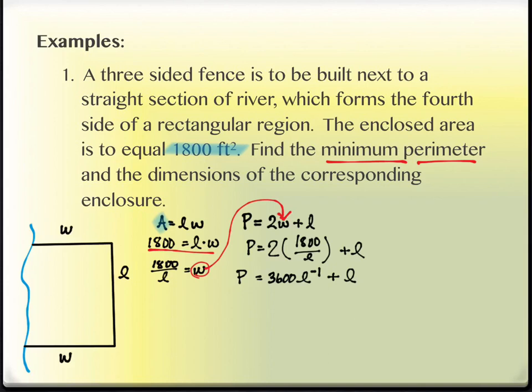So what do I have to do next with calculus to find the optimal value of this? I take the derivative. I need to find the derivative of P. So what's the derivative of 3600 L to the negative 1?